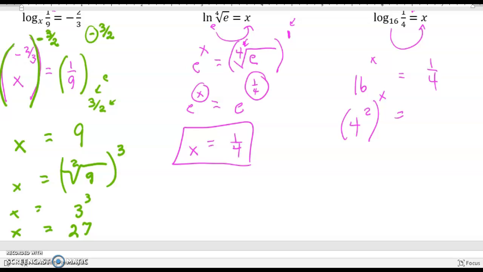And I know 1/4 is the same as 4 to the -1 power. And a power to a power, we multiply the powers. When our bases are equal, our exponents are equal, and we solve for x and we get -1/2.